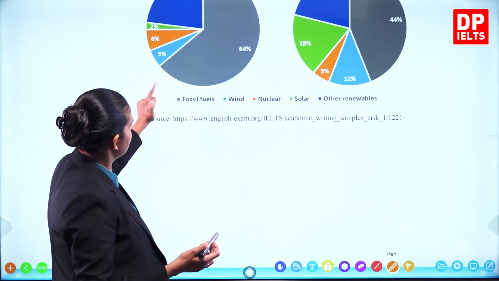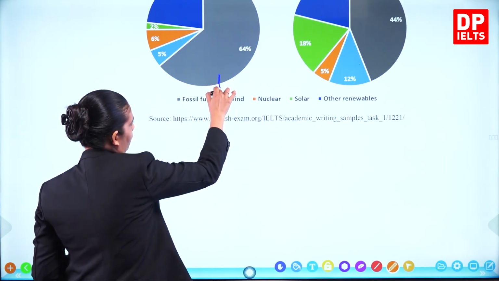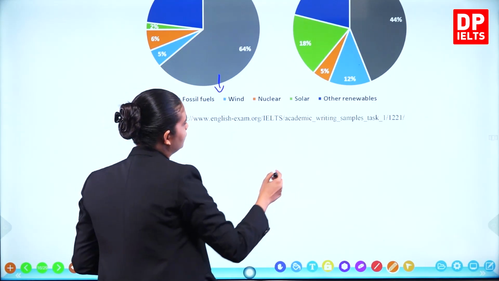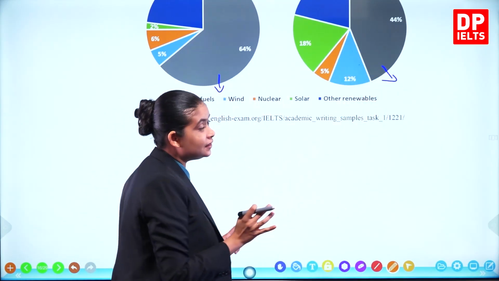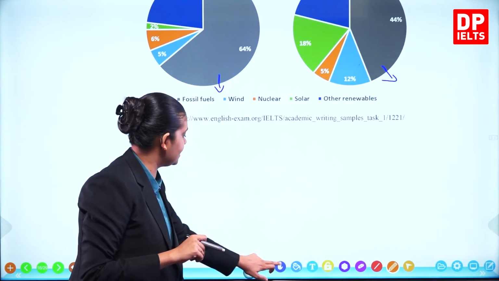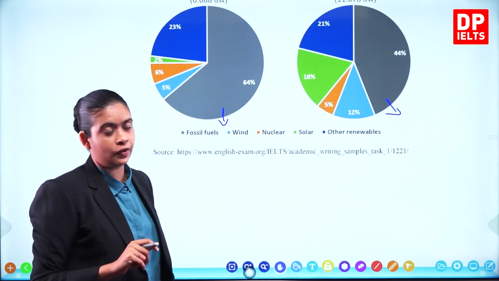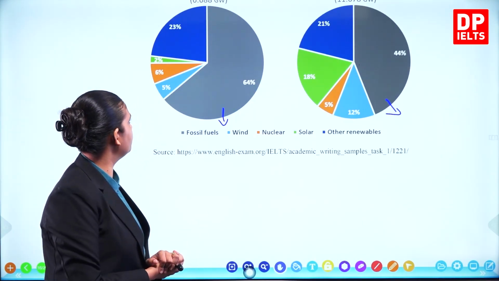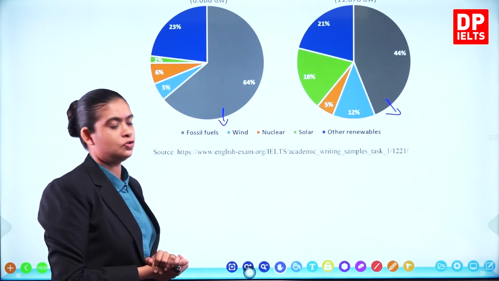Here you can see that fossil fuels is the highest, whereas here fossil fuels is still the highest but obviously has decreased. And then other renewables in both are the second highest, and the least in both is obviously nuclear. So you could talk about those trends.